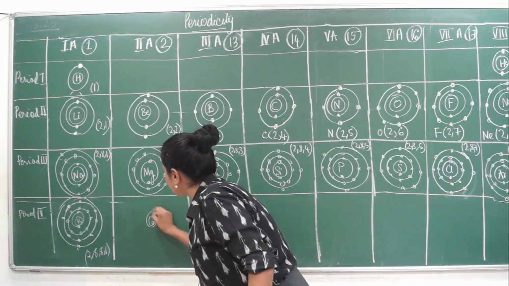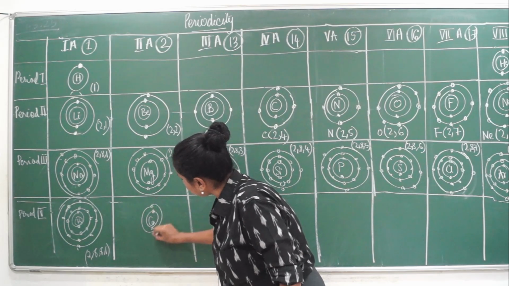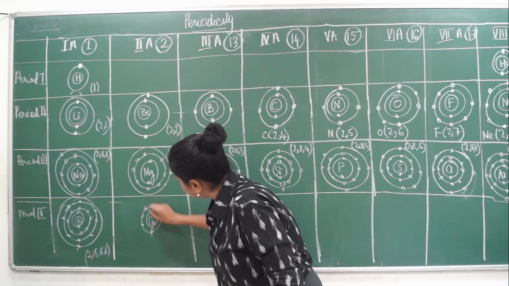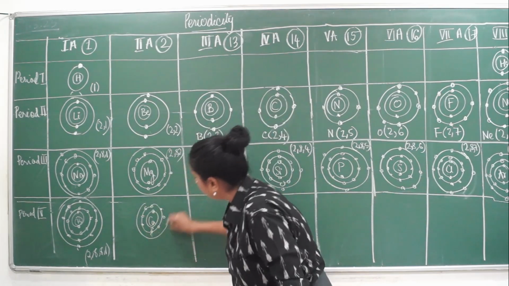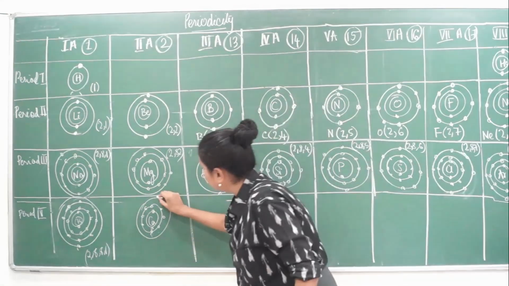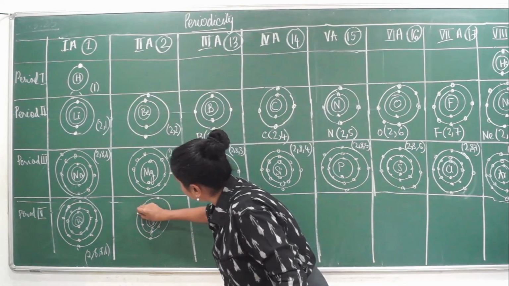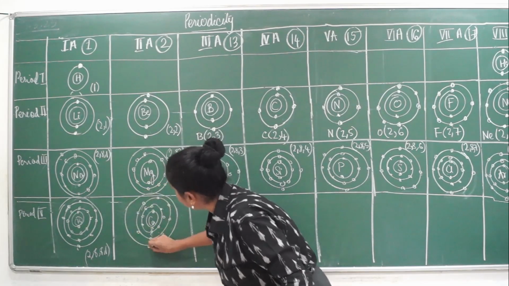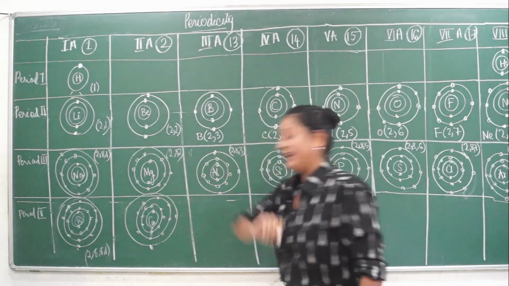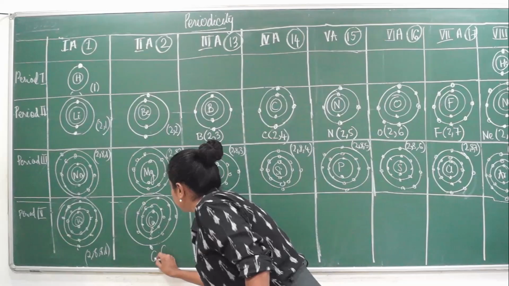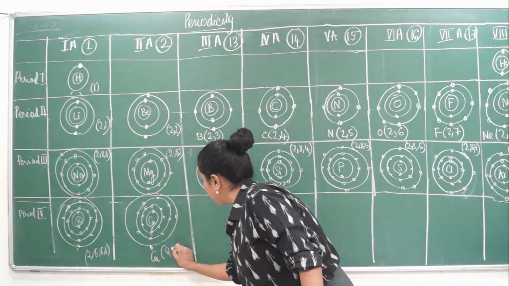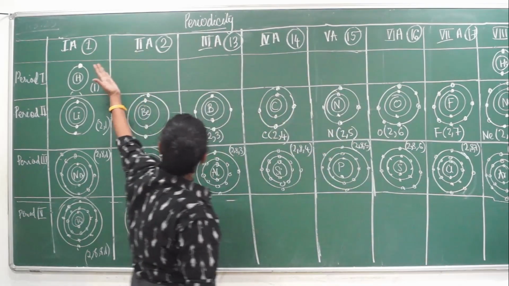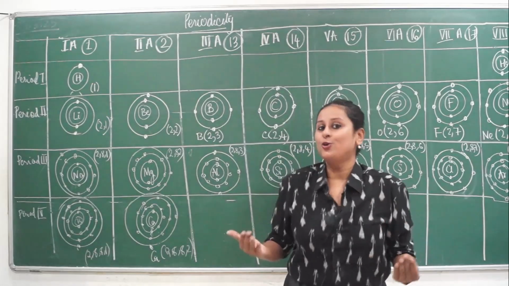So calcium has 2 electrons in the first shell, 8 in the second shell, 8 again in the third shell, and in its last shell it will have 2 electrons. Calcium's electronic configuration is 2, 8, 8, 2.